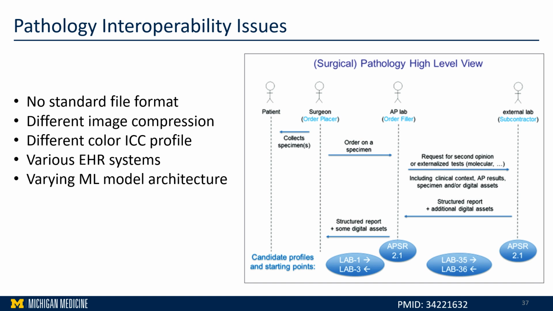For example, there are multiple proprietary formats that scanners are generating, different image compressions, and different color ICC profiles. We have various electronic health record systems that need to be integrated with the image management system as well as the lab information system. And plus we have multiple machine learning model architectures right now.